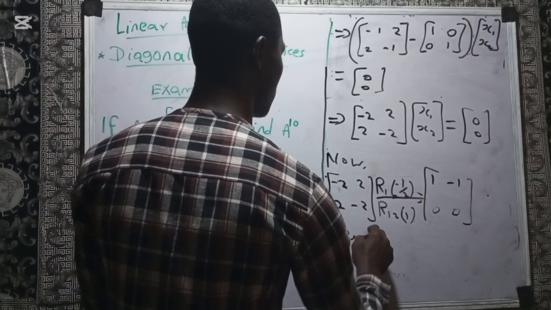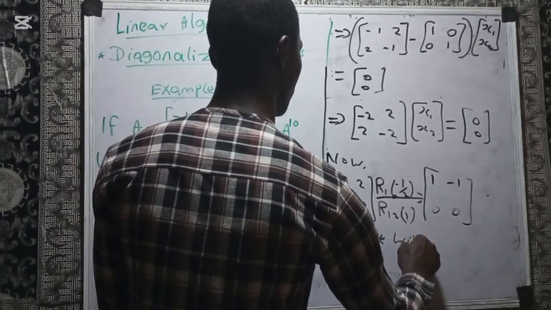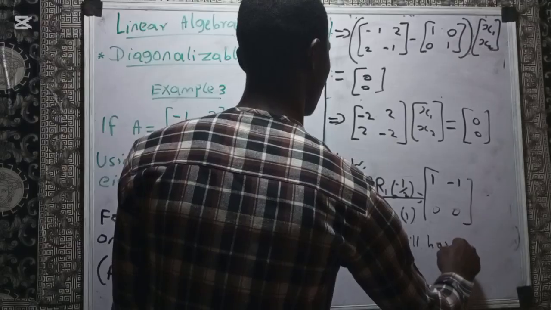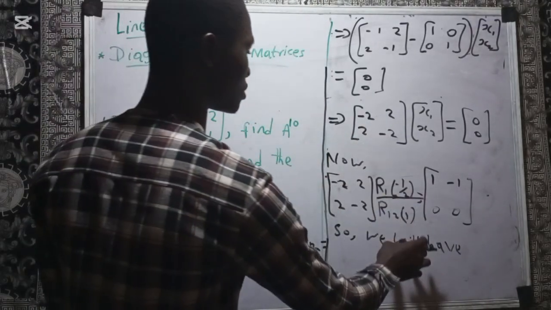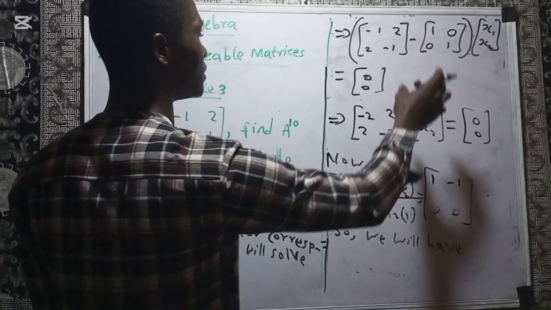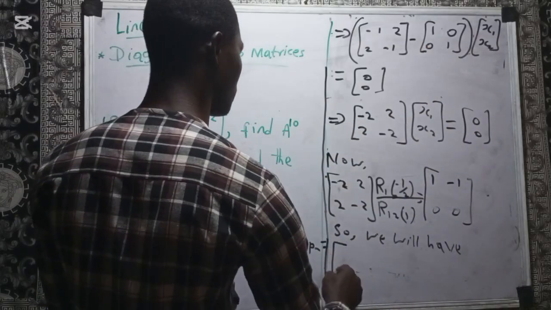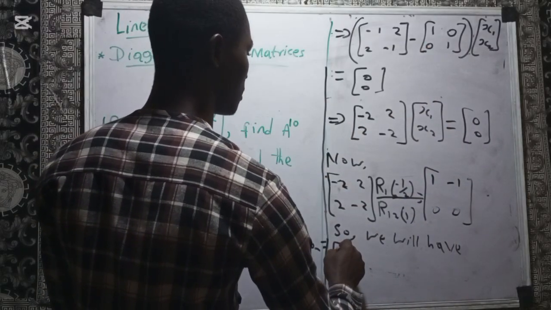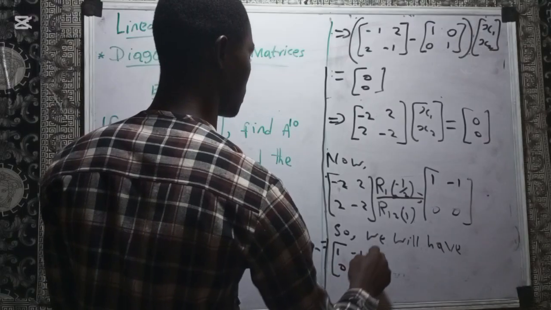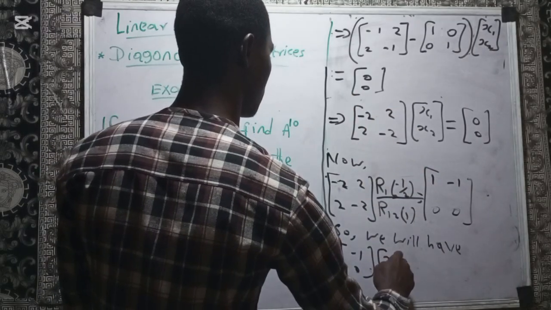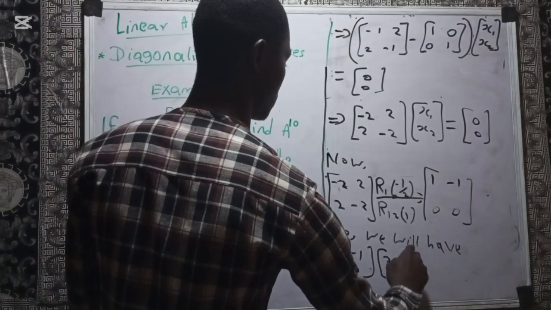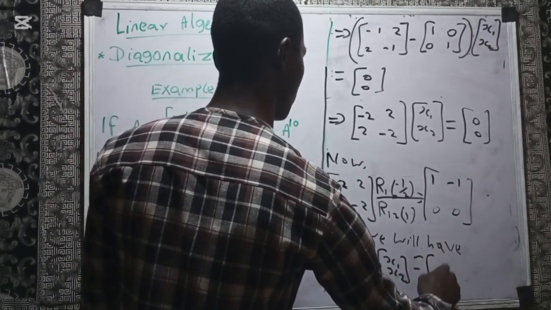Now we substitute this back into the equation, replacing the matrix with the reduced form. So this is what we have.